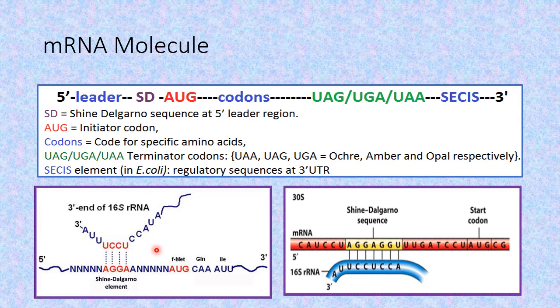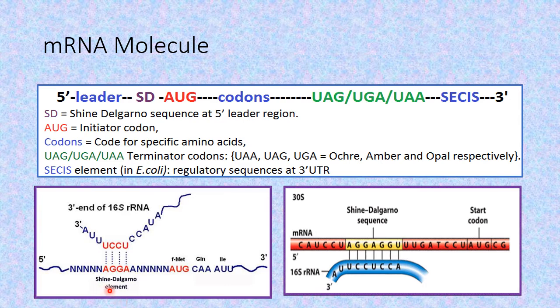And we know that in prokaryotes, the smaller subunit is made up of 16S ribosomal RNA. Now, all this we have done in our introductory video on translation, which I recommend that you should view before coming to this video on the mechanism of initiation.